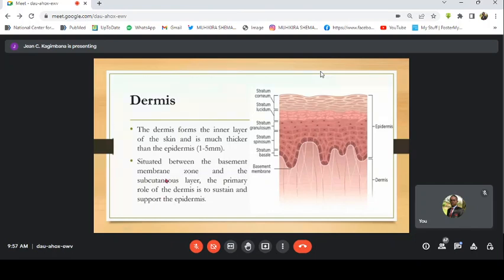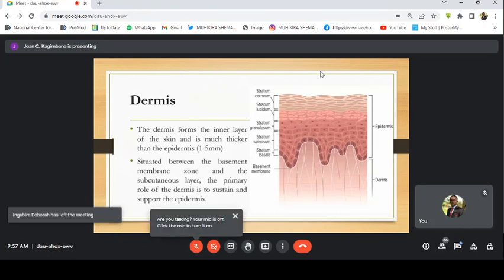Situated between the basement membrane zone and the subcutaneous layer, the primary role of the dermis is to sustain and support the epidermis. Why? Because it contains many structures known as fibers, collagens, a lot of things. The elasticity of the skin is played by the dermis. Okay?